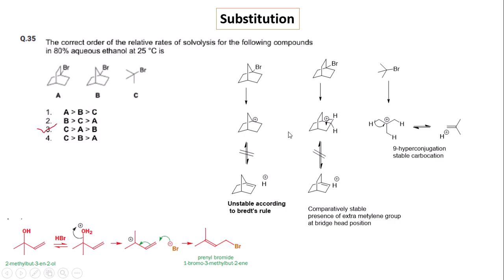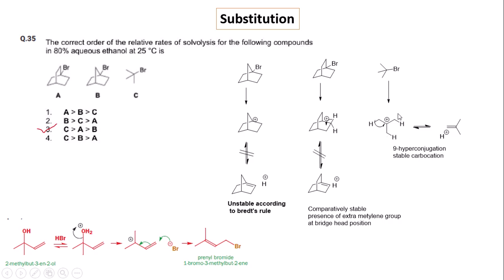Comparing these two bridging systems, this bridging system is comparatively more stable than this one, due to the presence of an extra methylene group at the bridgehead position, and this extra methylene group stabilizes the bridgehead carbocation. But in the case of the tertiary butyl carbocation, the carbocation is stabilized by the nine hyperconjugating structures.